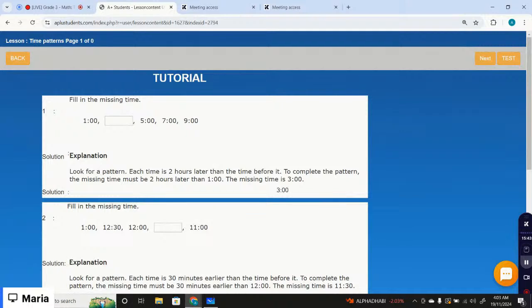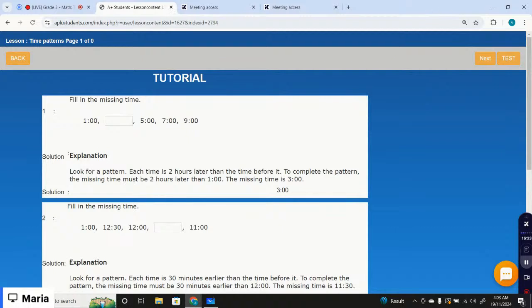Fill in the missing time. 1, the missing number, 5, 7, and 9. So you have to look for a pattern first. How the time is increasing?